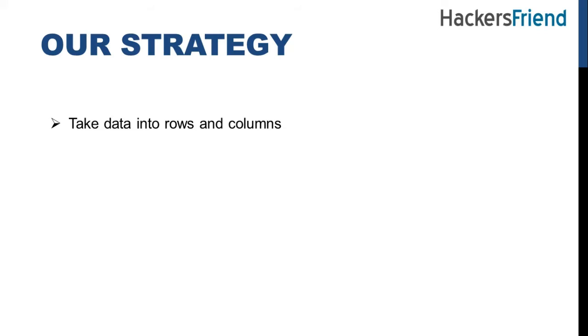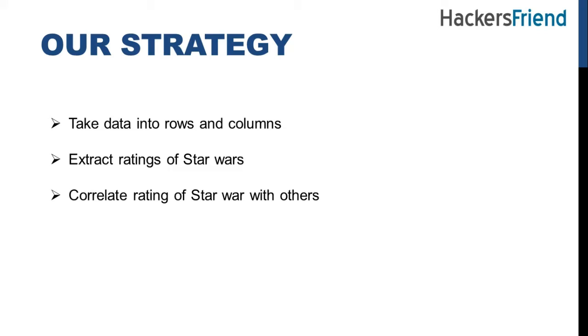Let's come back to our discussion of our strategy for building the movie recommendation system. First we will take all the data in terms of rows and columns, then we will extract the rating of Star Wars from all those rows and columns, then we will correlate the rating of Star Wars with the ratings of other movies, and see how similar the ratings of those movies are compared to the rating of Star Wars.